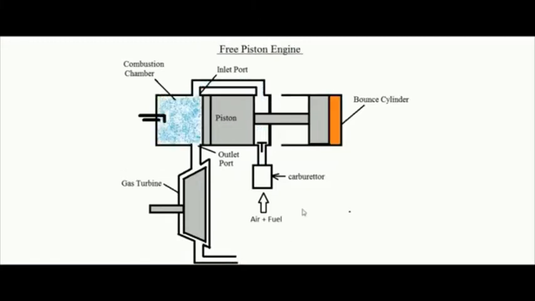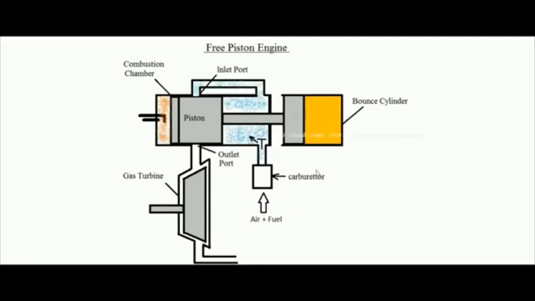See, initially the bounce cylinder contained pressurized air, and toward the left hand side of the piston there is charge. Now in case this piston is allowed to move, the pressurized air of the bounce cylinder will push it toward the left hand side.